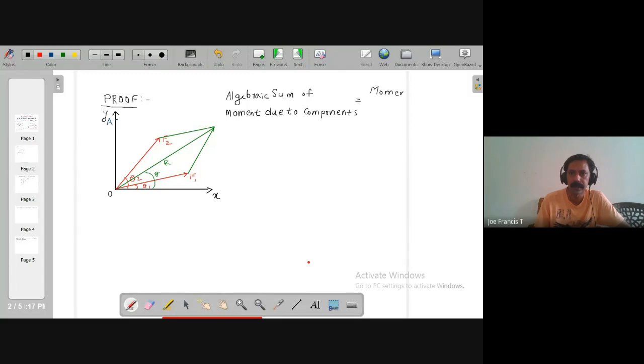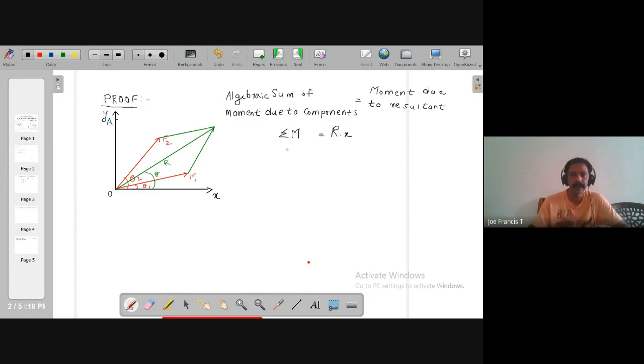Right? So this is Varignon's theorem. Mathematically we can express this as algebraic sum of moments. You can write it as sigma M, it's a summation, is equal to moment due to the resultant. Suppose R is your resultant and its distance from that point that we select is x, so it is sigma M equal to Rx.